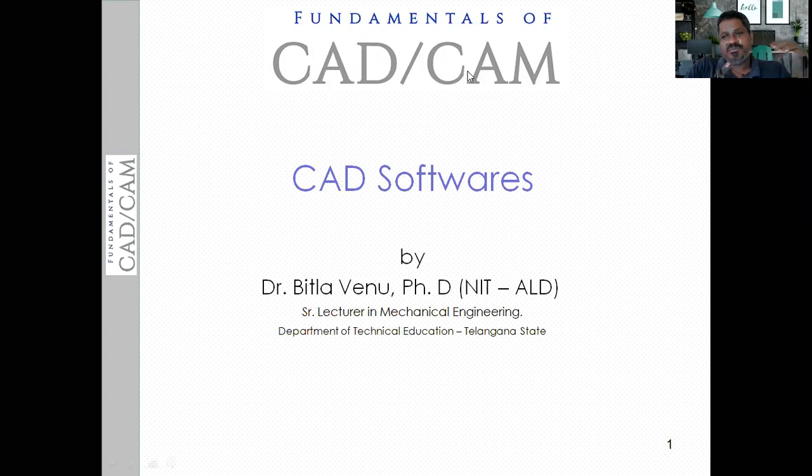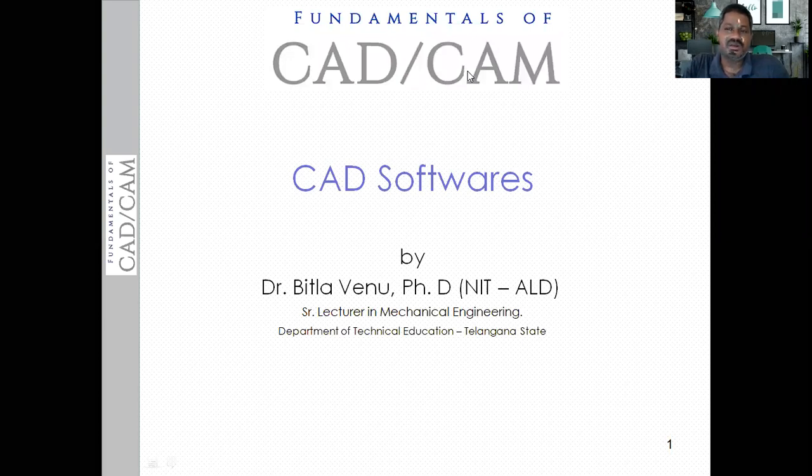Okay, so basically there are different types of computer-aided design software. As I said just now, design includes modeling and analysis. In the modeling stage, we are not going to analyze the component. Analysis means checking, with respect to your requirements, whether your objective is going to be met or not.